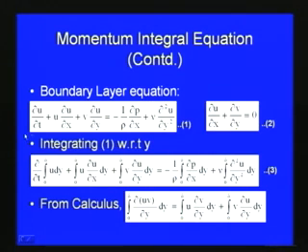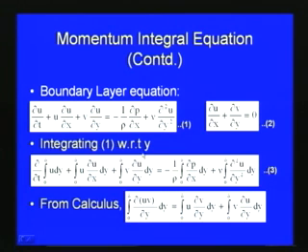After integration within the limits of 0 to delta, we can write del by del t integral 0 to delta u dy plus integral 0 to delta u del u by del x dy plus integral 0 to delta v del u by del y dy is equal to minus 1 by rho integral 0 to delta del p by del x dy plus nu integral 0 to delta del square u by del y square dy, equation number 3.